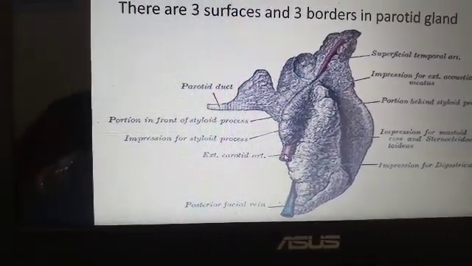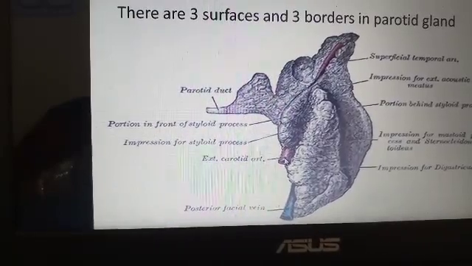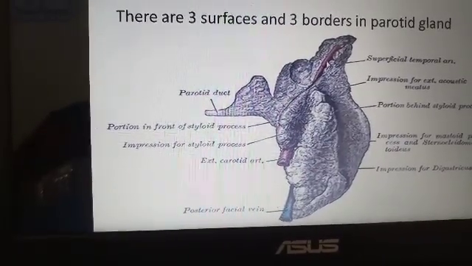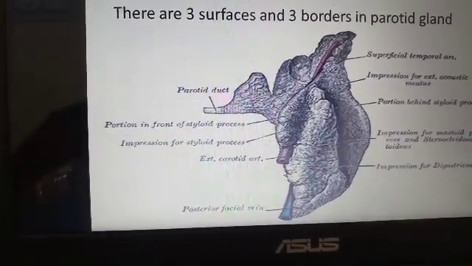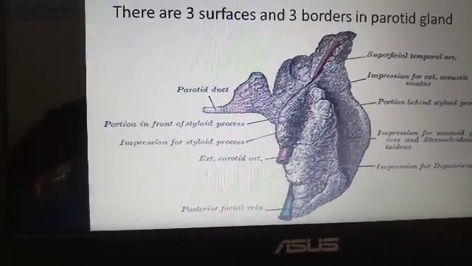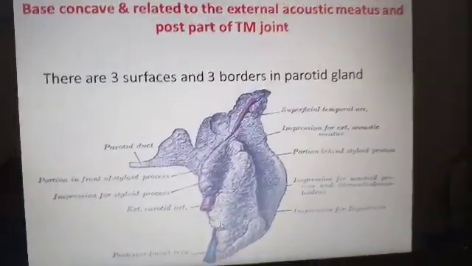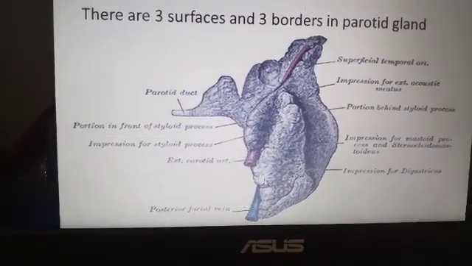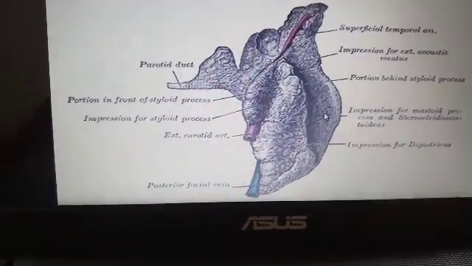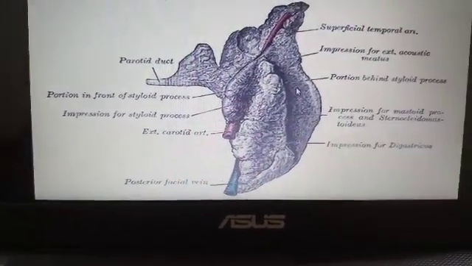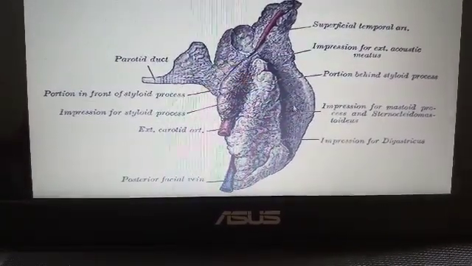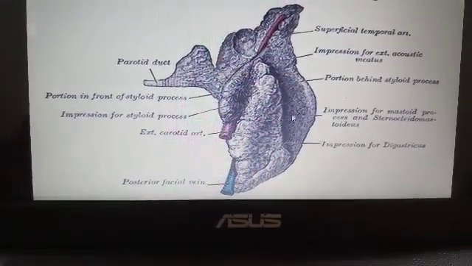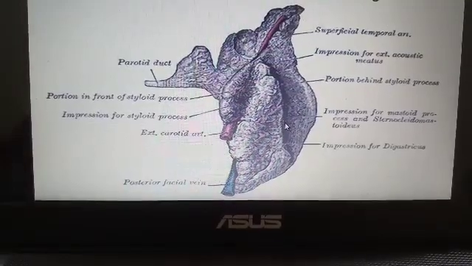It is also related, as we have told, that within the gland passes the external carotid artery with its branches in the deepest plane, and in the intermediate plane we will have the formation of the retromandibular vein, facial vein. Posteriorly, if you look into the posteromedial surface, there is impression for the mastoid process and the sternocleidomastoid muscle.